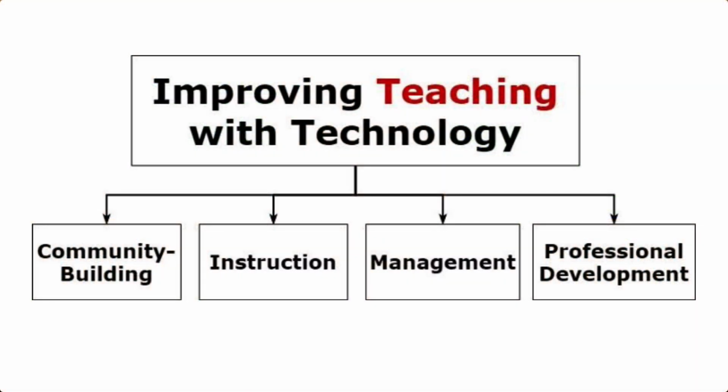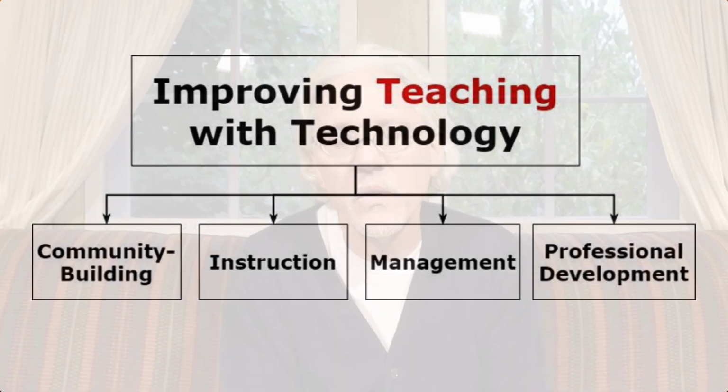There are 4 distinct areas that the course focuses on. Those include using technology to help build community, using technology to improve your instructional practices, using technology to help you manage the processes and resources for learning, and also using technology to continually improve your practice, to continually grow through professional learning or professional development experiences.